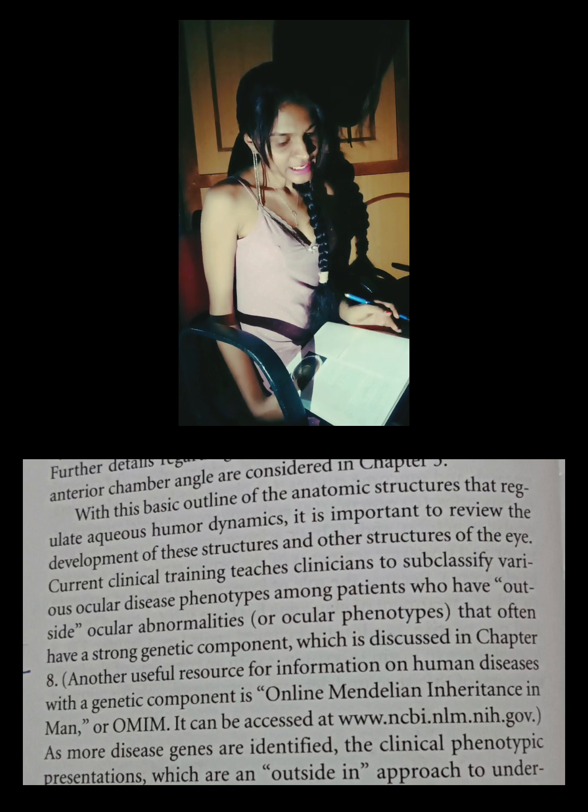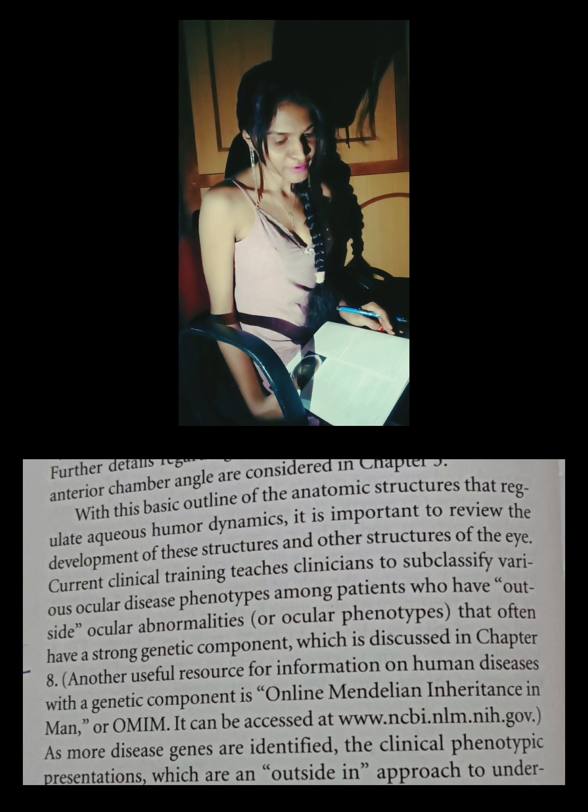With this basic outline of anatomic structures that regulate aqueous humor dynamics, it is important to review the development of these structures and other structures of the eye. Current clinical training teaches clinicians to subclassify various ocular disease phenotypes among patients who have outside ocular abnormalities or ocular phenotypes that often have a strong genetic component, which is discussed in Chapter 8.